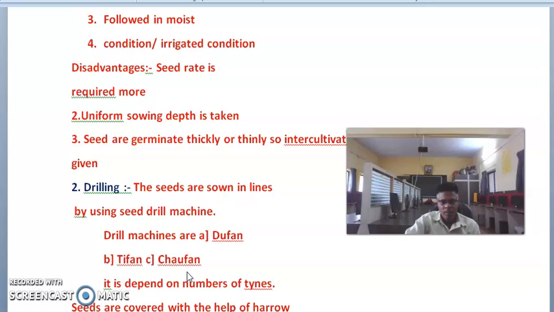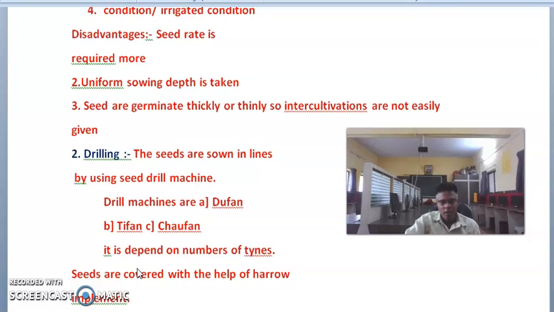When a 4-tine seed drill machine is used, the distance between 2 tines is kept near about 22.5 centimeters, and when a Tiphan, the 3-tine seed drill machine, is used, the distance between 2 tines is near about 45 centimeters.